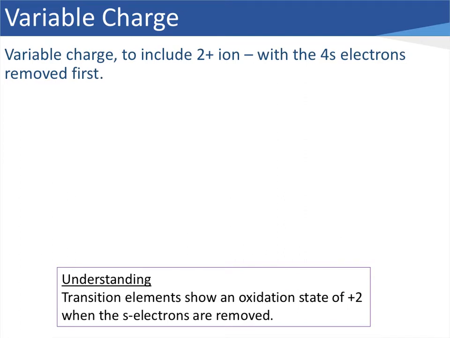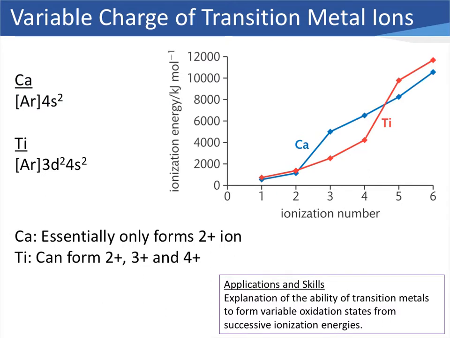Transition elements can have variable charge, but the 2 plus ion is the most common, and that is with the 4s electrons removed first. These variable charges for transition metals come from the fact that the 3d and 4s electrons have relatively similar energies. So if I remove a 4s electron and then I remove another 4s electron from titanium, the next electron removed will be a 3d electron, and that's not a very large jump.